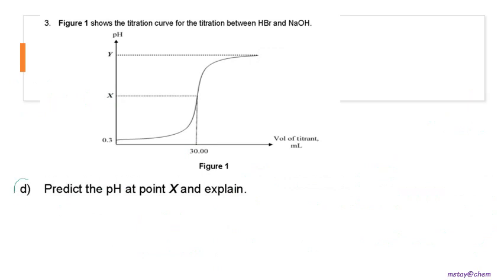Question D, predict the pH at point X, and I need to explain. When we look at the volume given here, at where the curve is at the steep part, we know that it already achieved the equivalent point. So point X is the equivalent point.